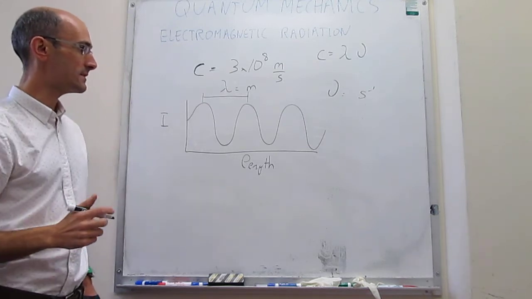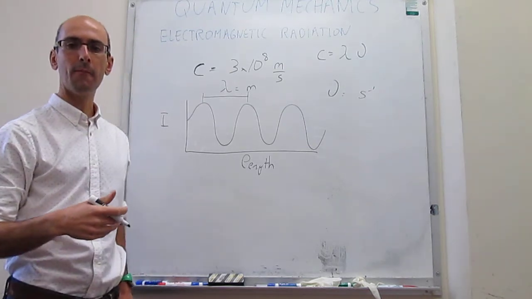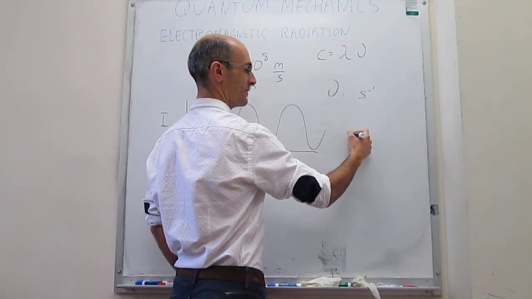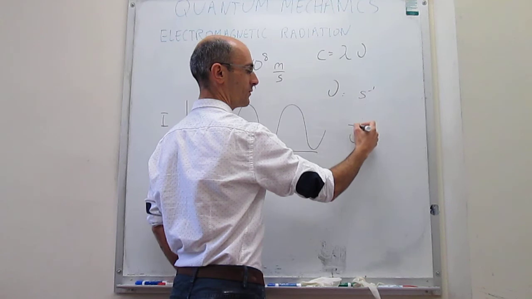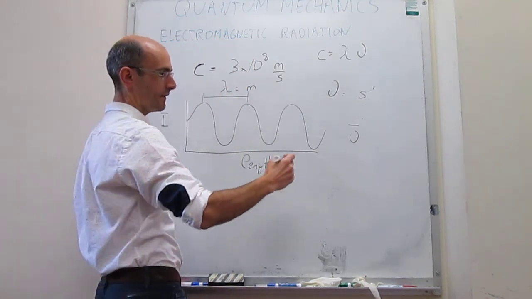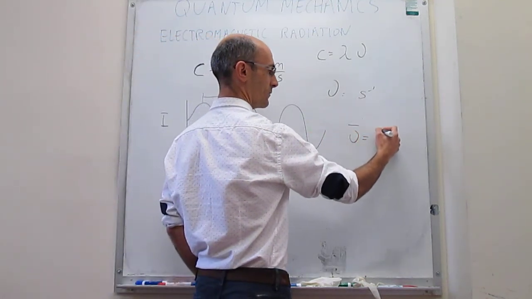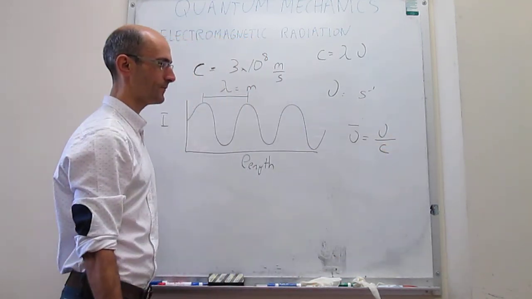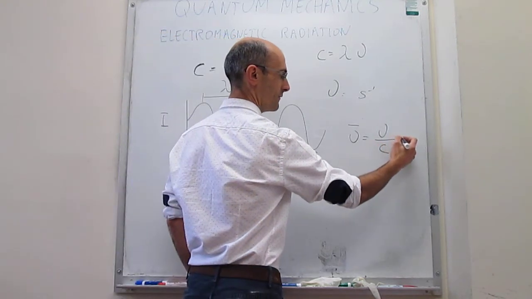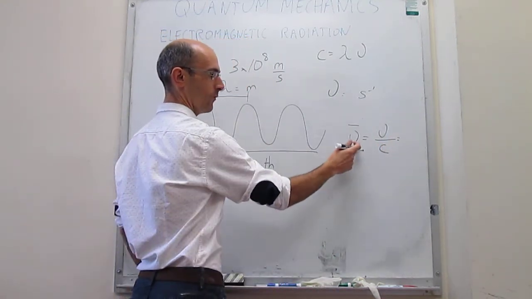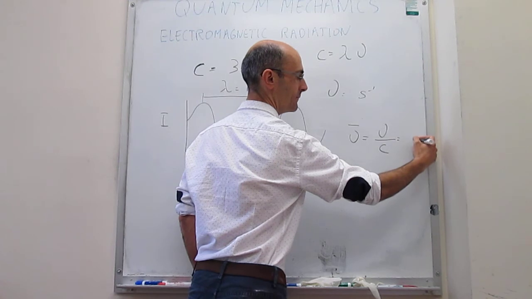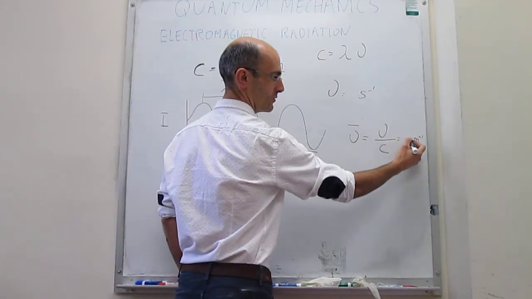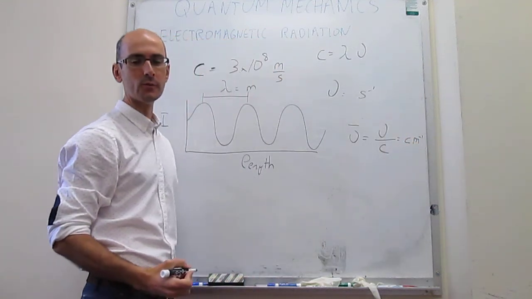Now, there's one more thing that we can use to characterize this type of electromagnetic radiation. We sometimes talk about something called the wave number. The definition of the wave number is simply equal to the frequency over the speed of the wave. The units of this wave number would be meter to the -1 in the SI system, but typically we like to use centimeter to the -1.